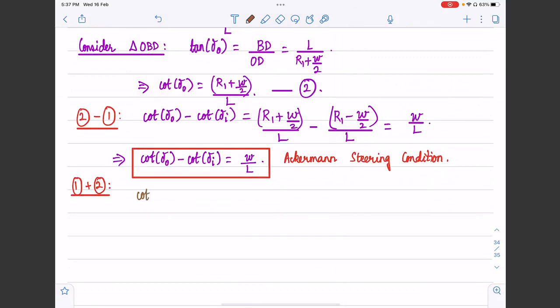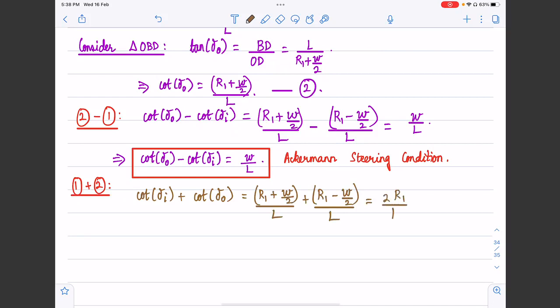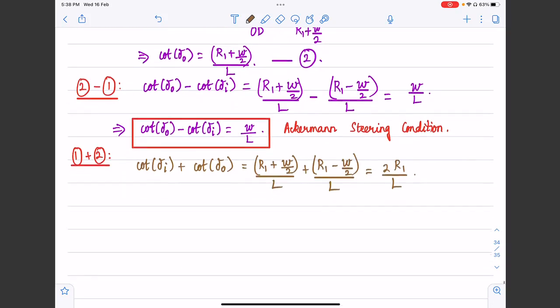I will get cot of delta I plus cot of delta naught equal to R1 plus W by 2 divided by L plus R1 minus W by 2 divided by L. And as we can now see, plus W by 2 and minus W by 2 will get cancelled. This will become 2R1.